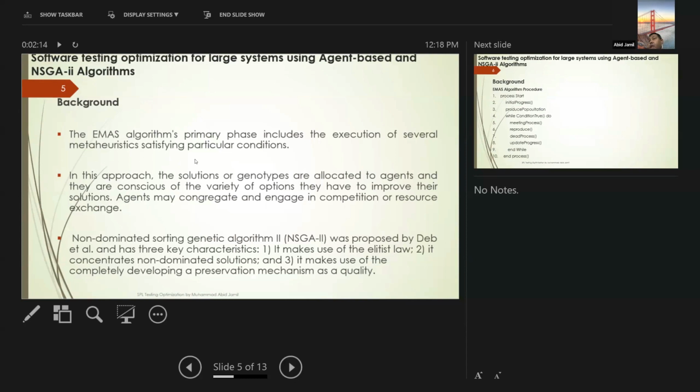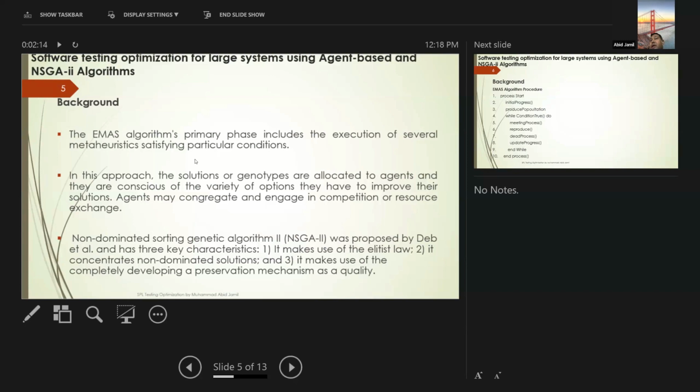But the NSGA-II algorithm was proposed by Deb. It is based on three things: it makes use of elitism, it selects the solutions and concentrates on non-dominated solutions, and it makes use of a diversity preserving mechanism.